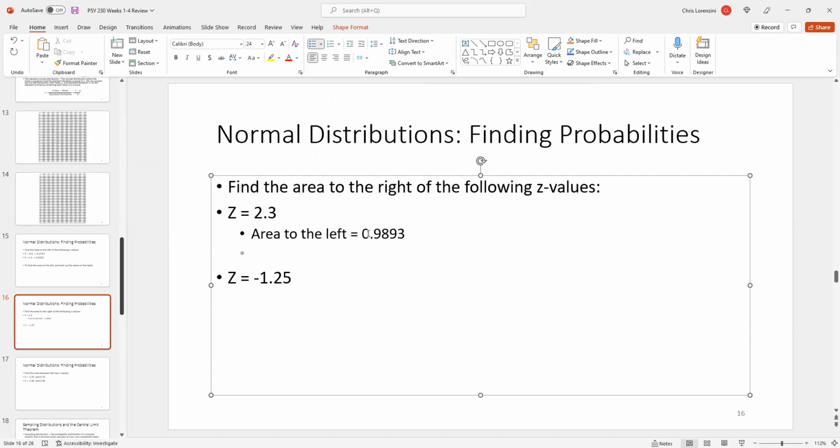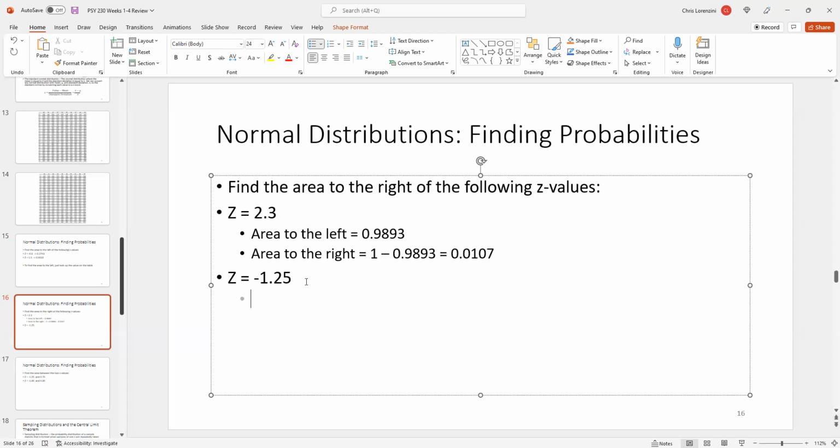And then I'm going to subtract that from 1. And so the area to the right is going to be 1 minus 0.9893. We do that calculation, we get 0.0107. And so that's how we find areas to the right.